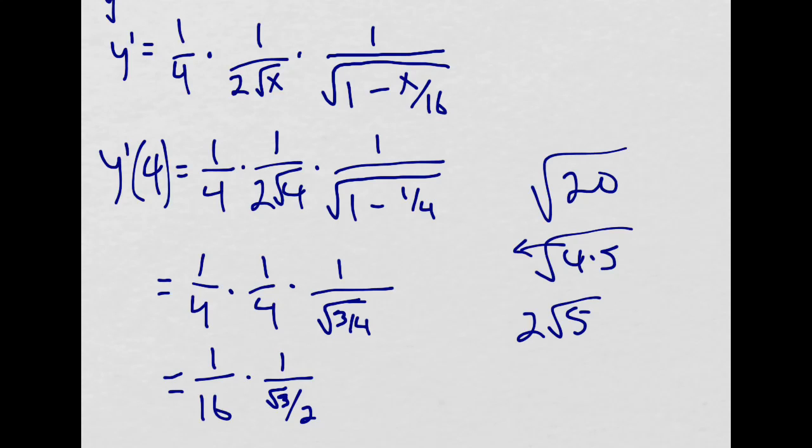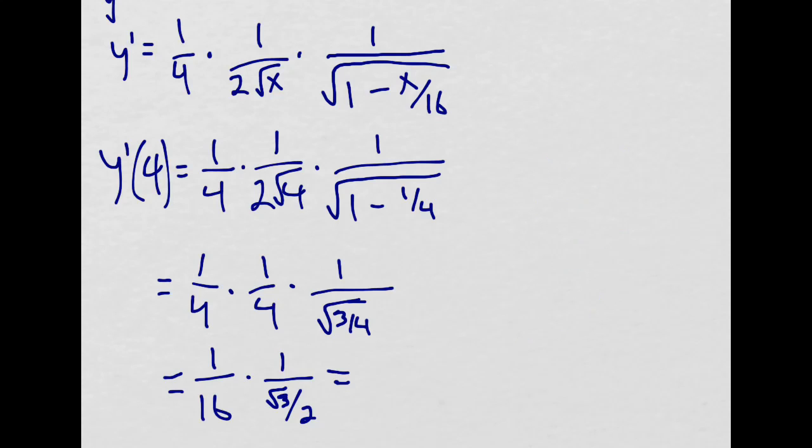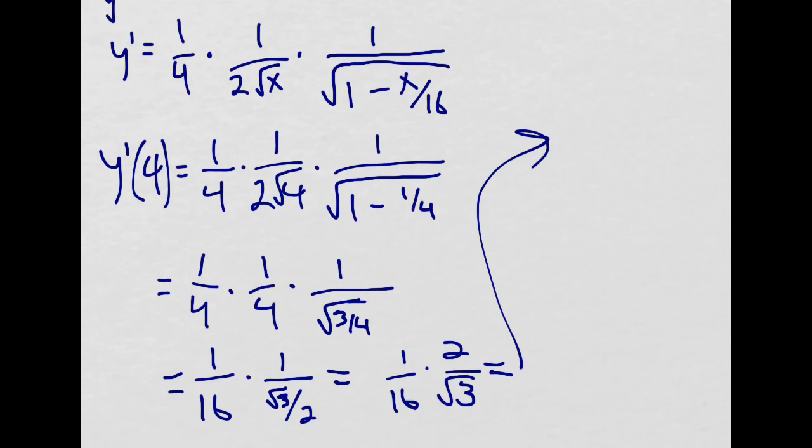That is maybe the most complicated step if you were trying to be super precise about this. How do I divide by a fraction? I multiply by the reciprocal. So this is the same as saying 1/16 times 2 over root 3, which is equal to 1 over 8 root 3.